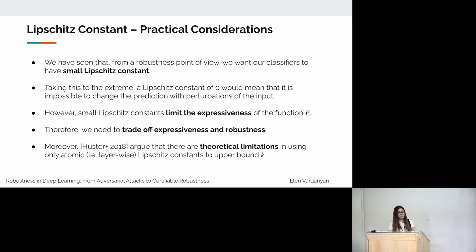But the bad part is that small Lipschitz constants usually limit the expressiveness of the function. And similar to any other type of method that I mentioned in this talk, we have this trade-off between expressiveness and robustness, or performance and robustness. And there are also theoretical limitations in using only the atomic Lipschitz constants to upper bound K.